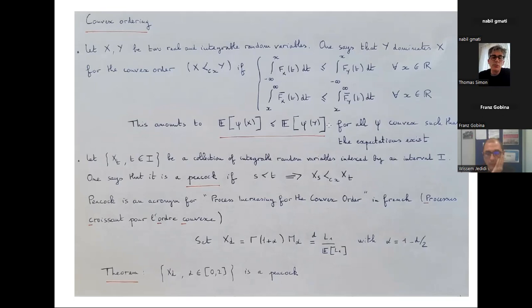I was puzzled by how to order these local times. The answer is given by the theorem written at the end of the slide: there is a peacock property for these random variables, indexed by the dimension.